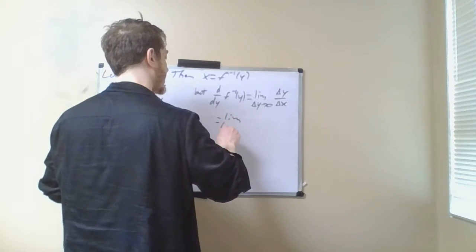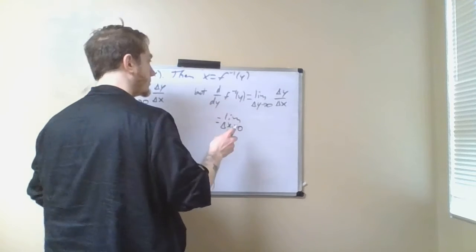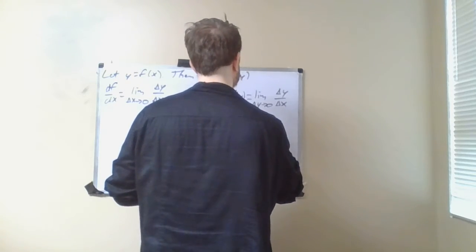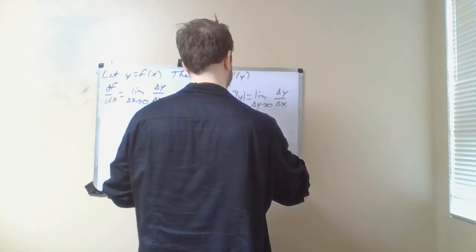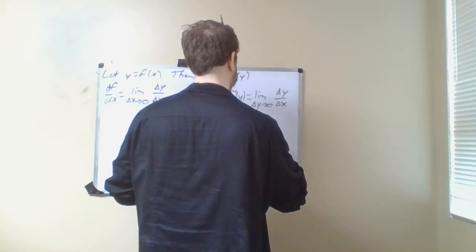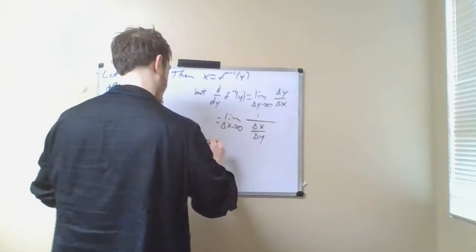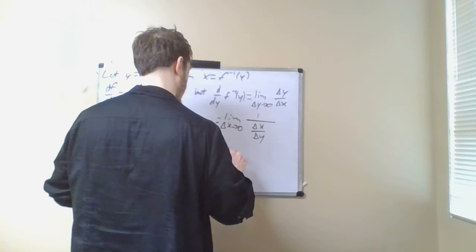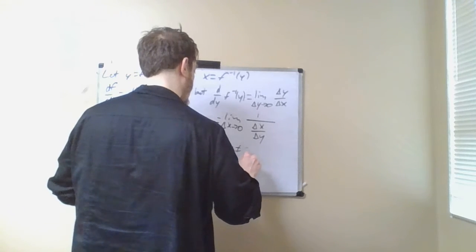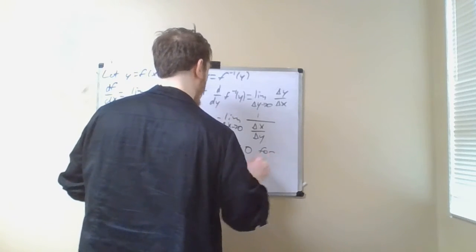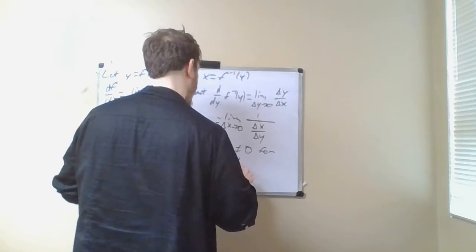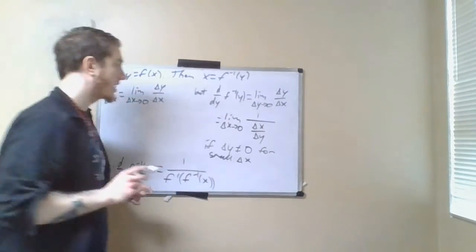the limit as delta x goes to 0 of the reciprocal of delta x over delta y, if delta y is not equal to 0 for small delta x.